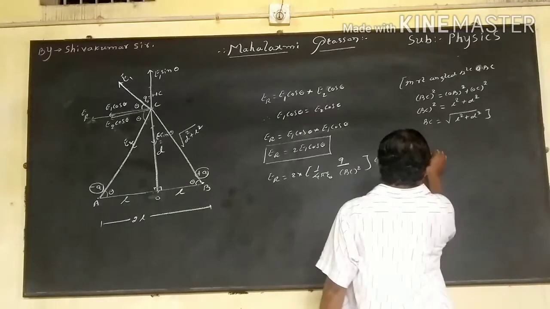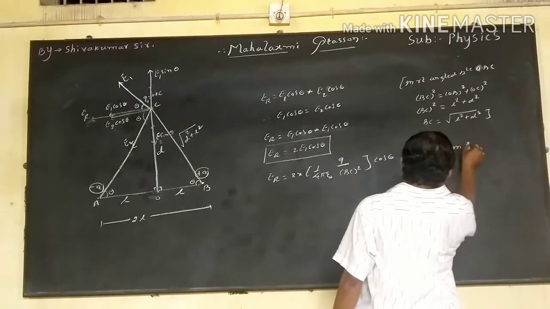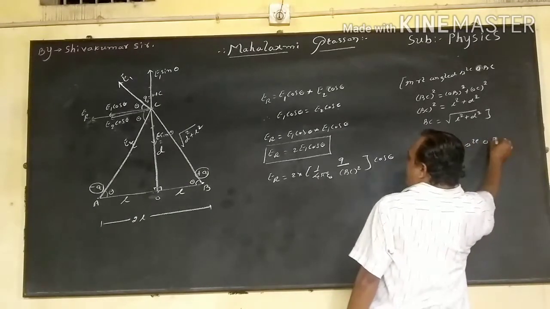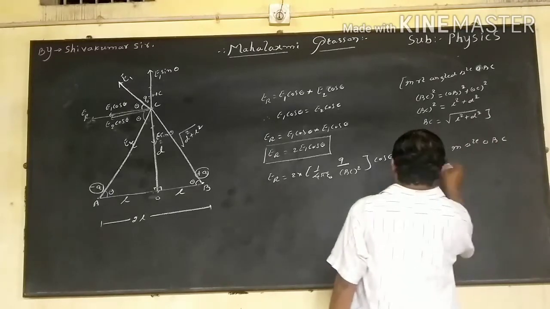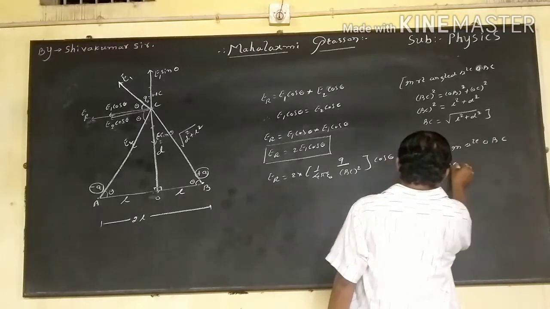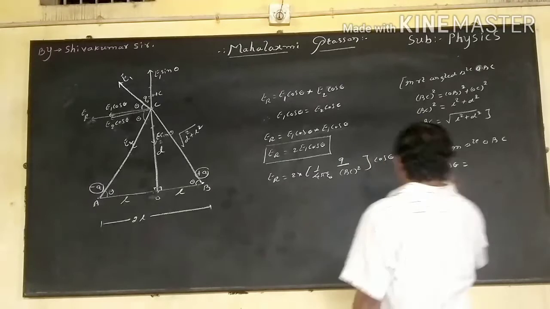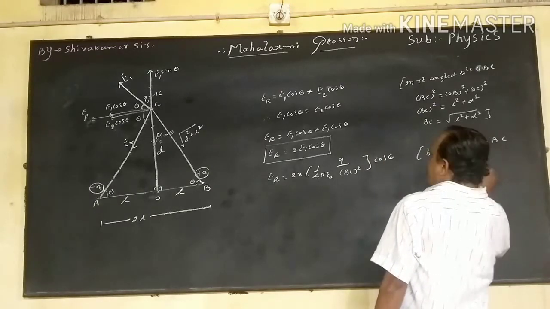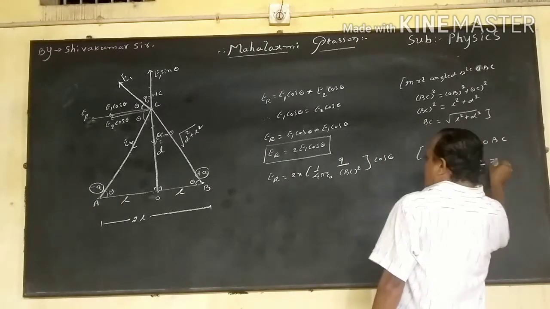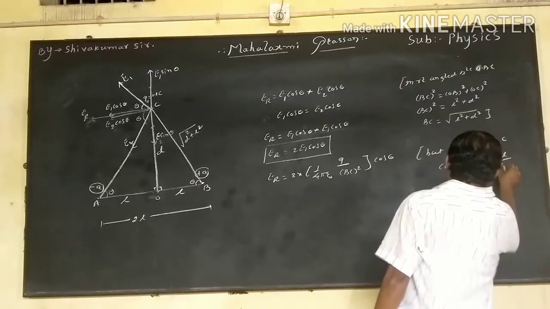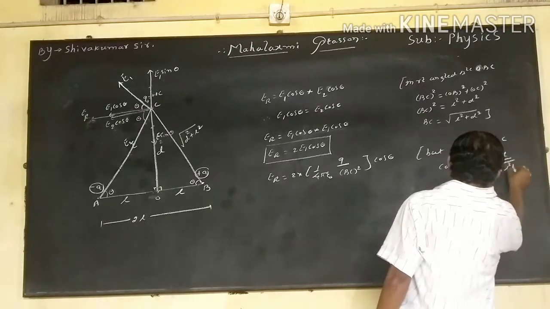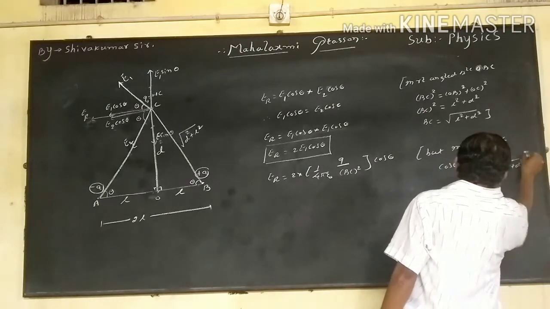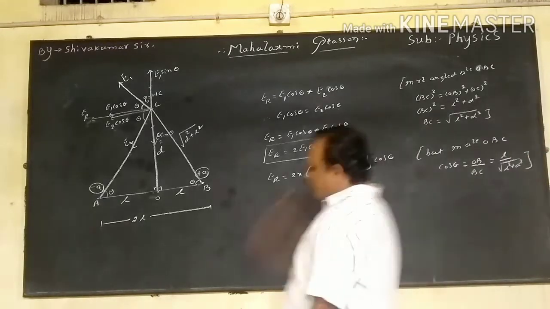But in triangle OBC, I need cos theta. Cos theta equals the adjacent side OB by the hypotenuse BC. What is OB? L. So cos theta is L divided by under root of L square plus D square, or D square plus L square. Shall I substitute here?